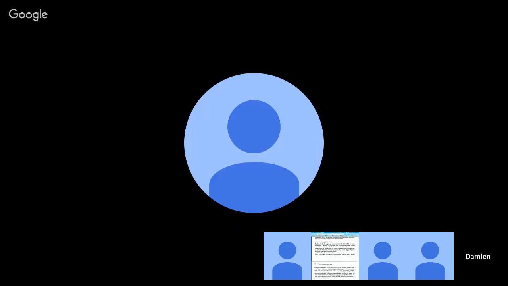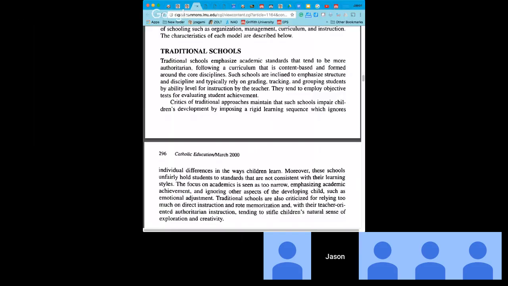Now, is there a balance that schools can take, I mean, with both approaches? Absolutely. And that's the argument that would generally come into play. It's only those that take a very dogmatic approach.